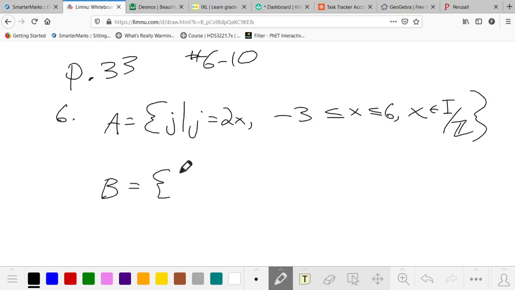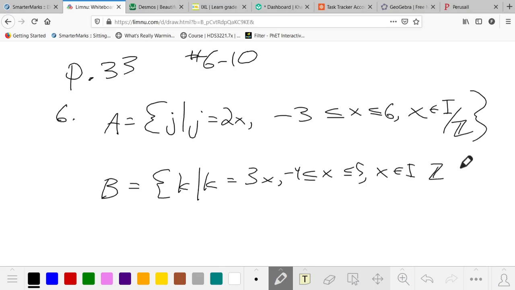B is the set of all numbers k such that k is 3x, where x goes from -4 to 5, and is a member of the integers, or Z.